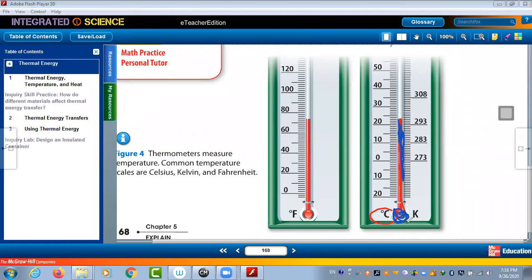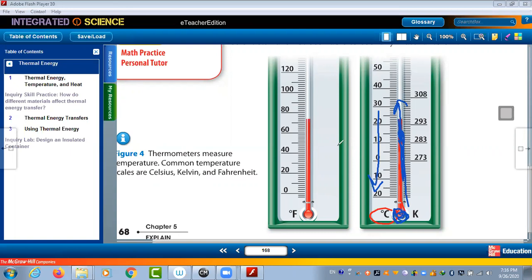When we put it in hot water, the alcohol or the mercury rises up because the temperature increases and it expands. When the temperature decreases, the alcohol contracts and comes back to the metal bulb. This is how the bulb thermometer works.